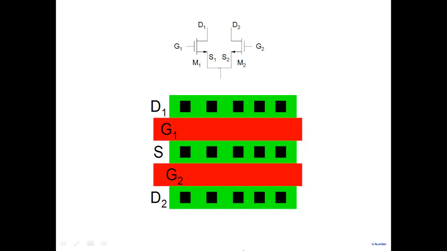So if there is a temperature gradient, then what would happen is maybe the oxide thicknesses are different, or the dopings are different and all that. So doping may be a little bit different here, doping may be a little bit different here, which will translate into differences in threshold and mobility. I want the separation between the two transistors to be zero for the best matching of the two transistors.